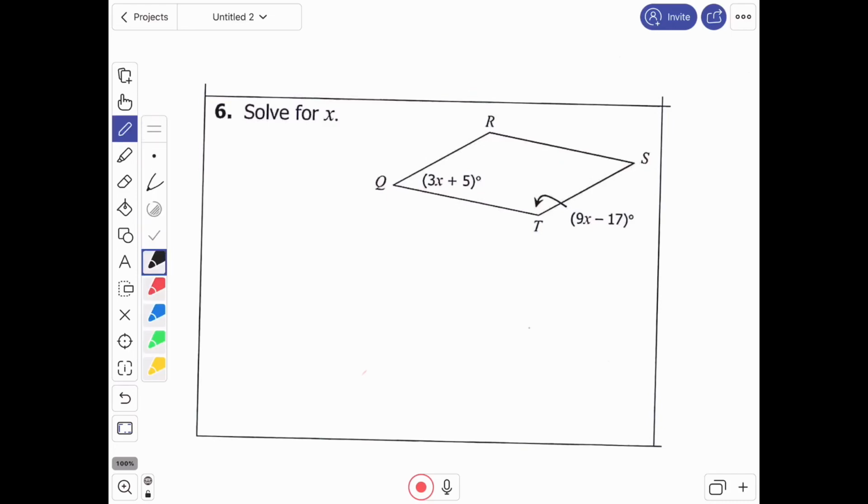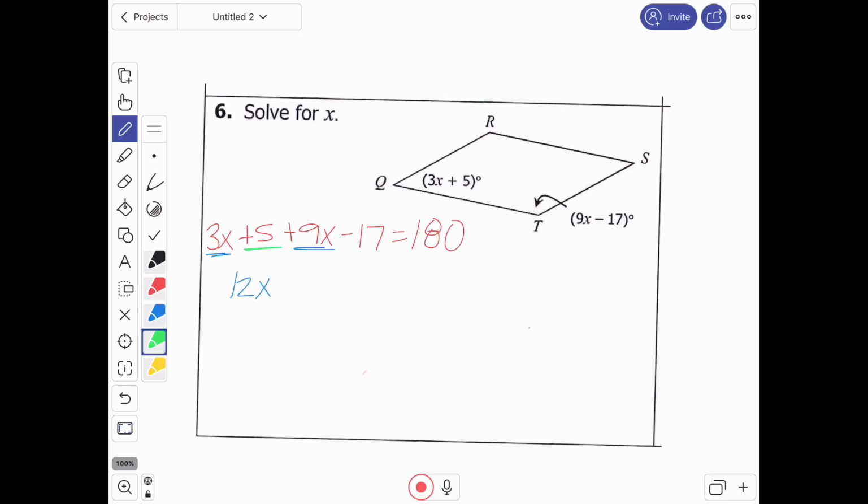So I'm going to take 3x plus 5 plus 9x minus 17 equals 180. Now we're going to combine like terms. So 3 plus 9, I get 12x.